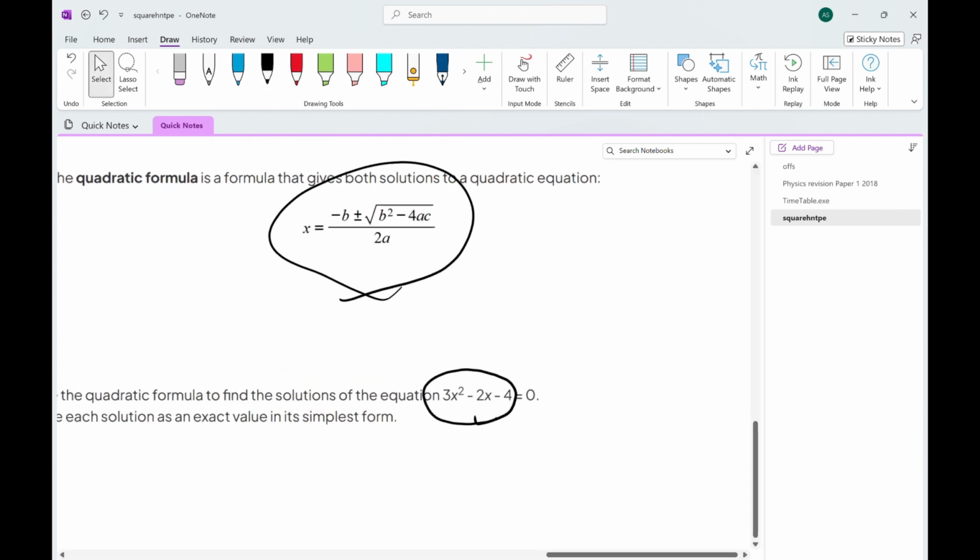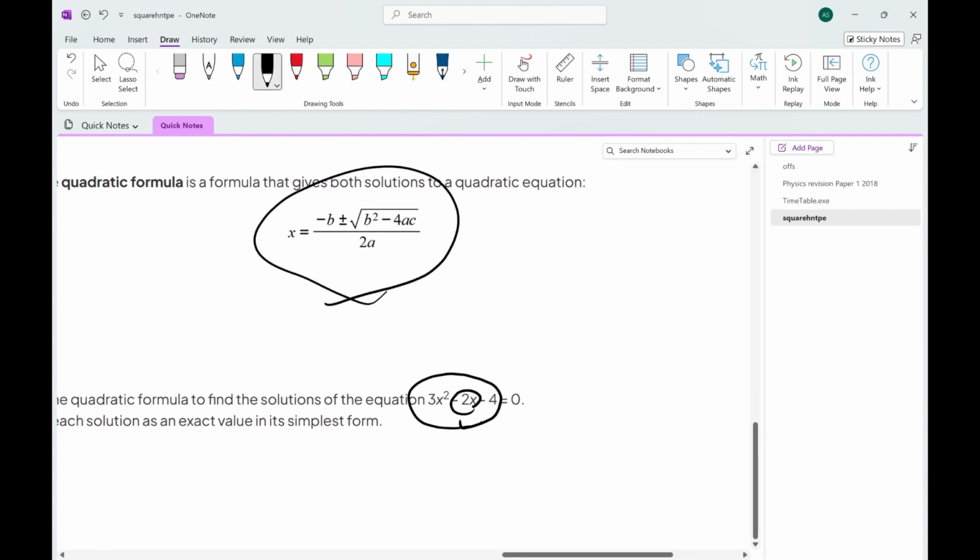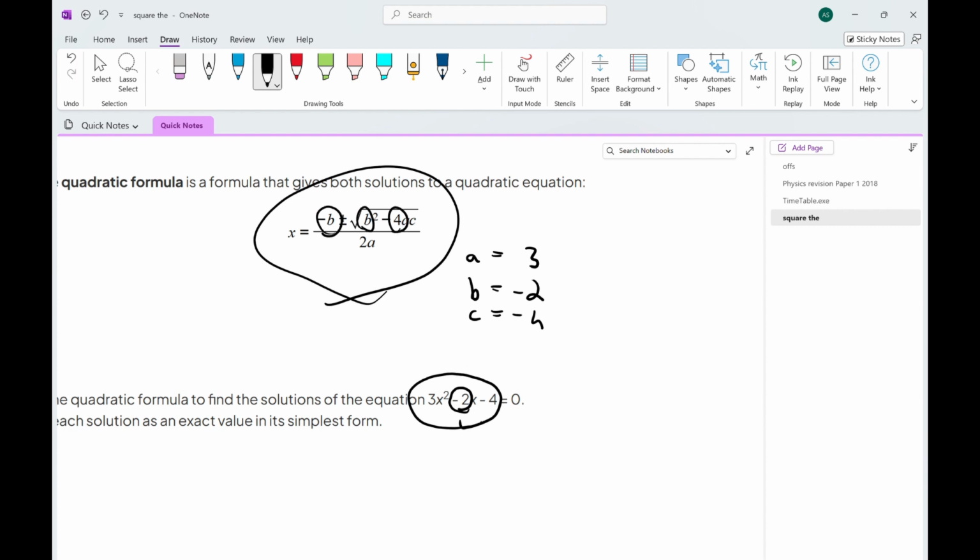Here all we have to do is substitute each coefficient: b would be minus 2, c would be minus 4, and a would be 3. And we substitute each and every number into the according spots to give us an answer.